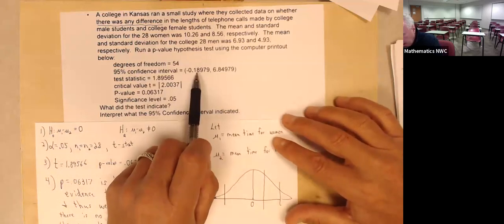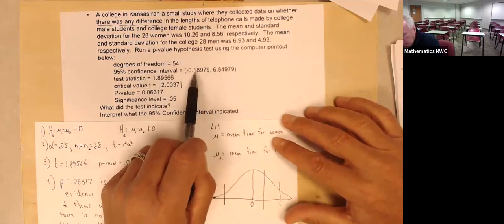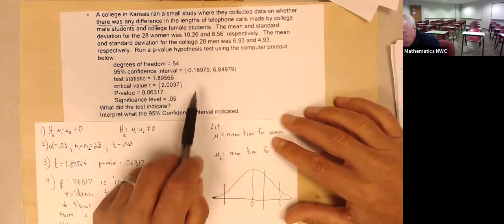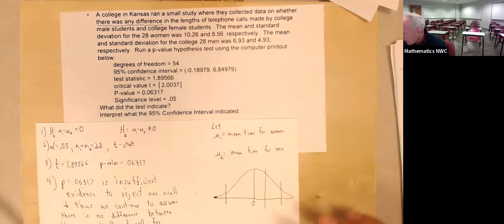Had this been entirely negative, we would have had evidence to indicate a difference. Had it been entirely positive, we would have had evidence to indicate a difference. But it matches up with our conclusion that we had with our hypothesis test.